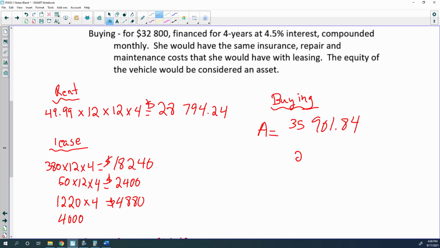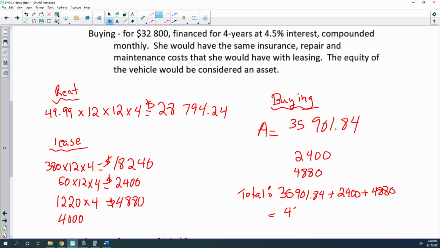So the extra $2,400 for the maintenance, as well as the insurance fee, which is the extra $4,880. So the total for that is the $35,901.84 plus the maintenance plus the insurance. So altogether, that works out to be $43,181.84.